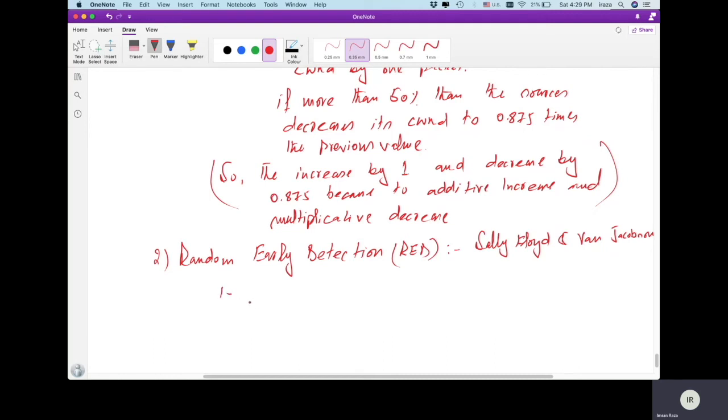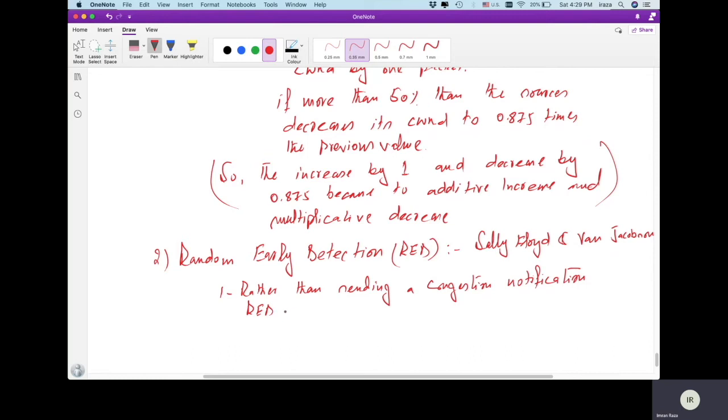Number one, rather than sending a congestion notification, RED implicitly notifies the source of congestion by dropping one of its packets.